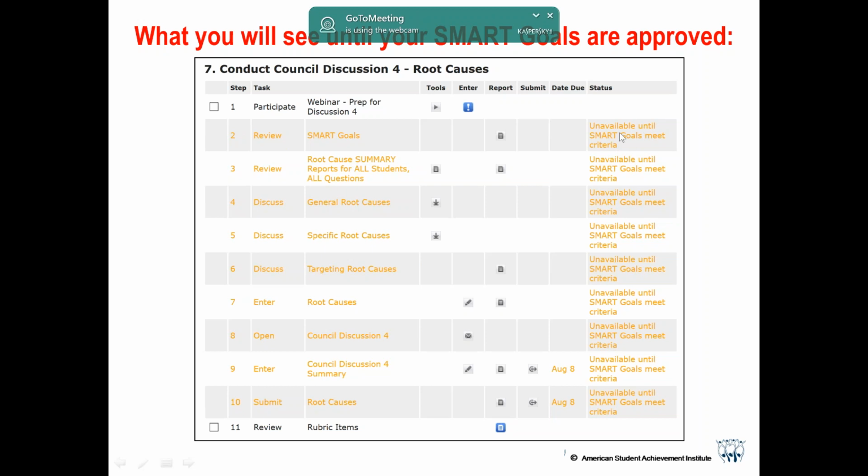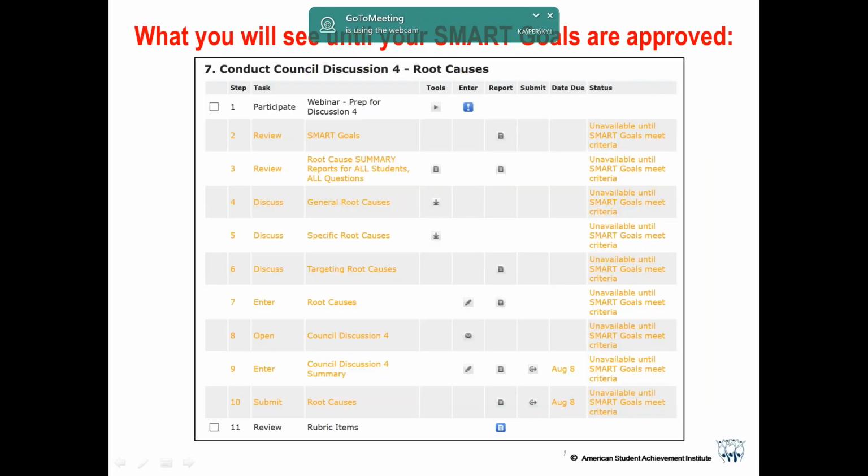So if that's the case, go back up to step 6 and finish working on your PAIs and your SMART goals. As soon as we've approved your SMART goals, all of these icons will become hot, and you'll be able to do the work. You will be able to see this webinar right away that we are recording right now, and you will be able to see the rubric items.